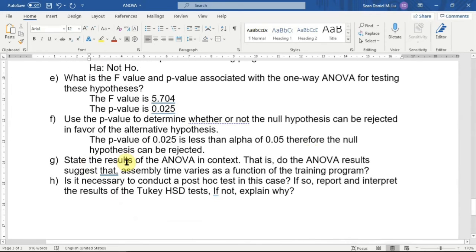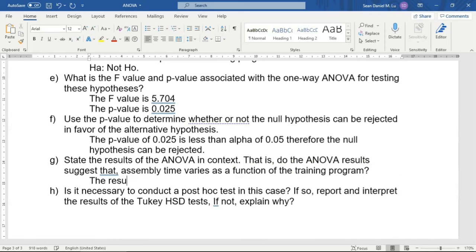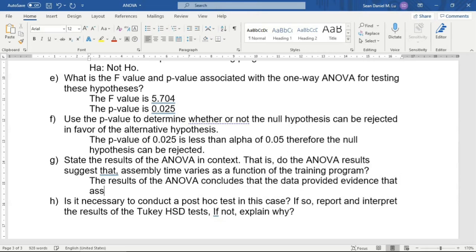State the results. That is, the ANOVA results suggest that assembly time varies as a function of the training program. The results of the ANOVA conclude that the data provided sufficient evidence that assembly time varies as a function of the training program.